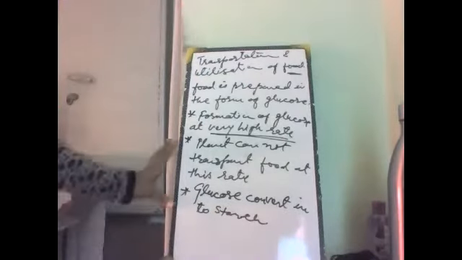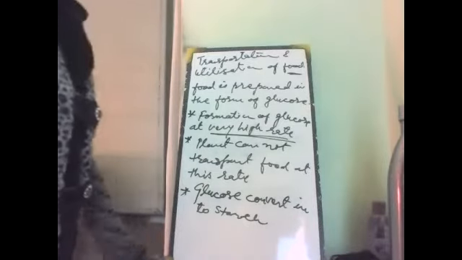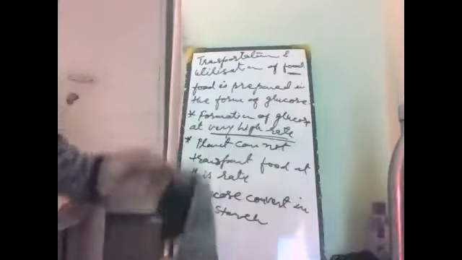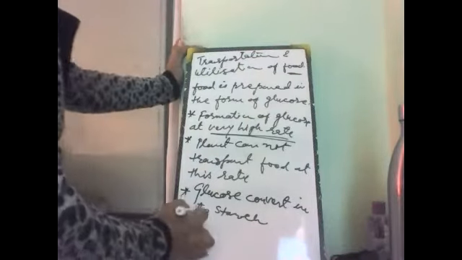Starch is a complex form of glucose. This starch is temporarily stored in the leaf.